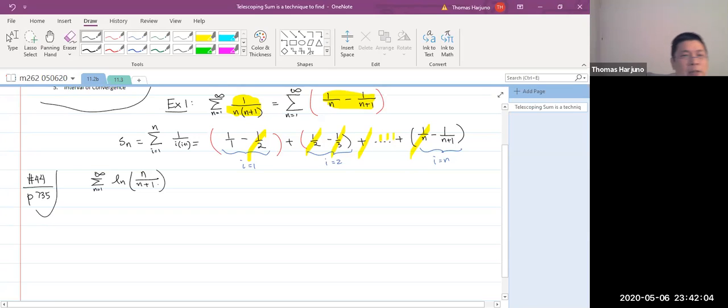We want to find the sum of this series. So we let, maybe I use i this time as my sequence, S_i be the ith partial sum up to i of natural log of n over n plus 1.